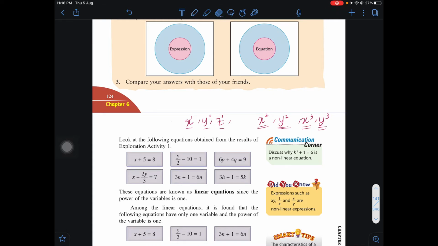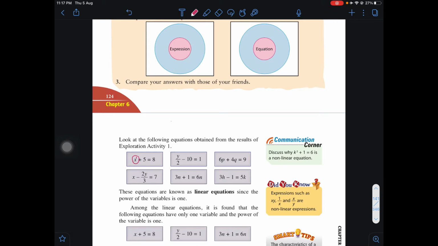Please be aware of that. The variable must be to the power of 1 only. Like this: x plus 5 equals 8. Yes, it is a linear equation because x is to the power of 1, but people don't write the 1.